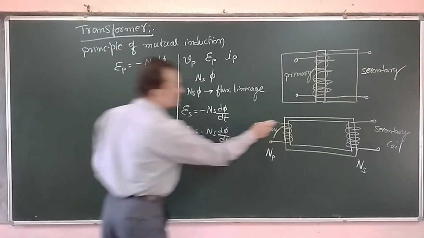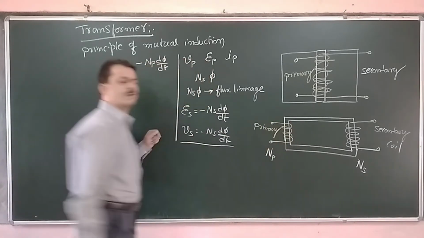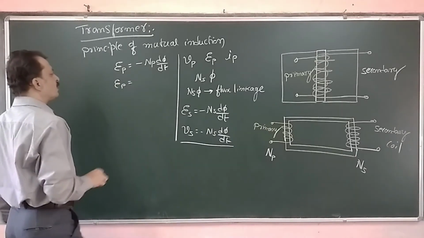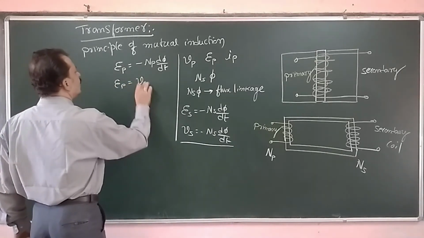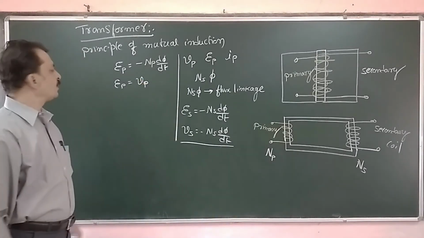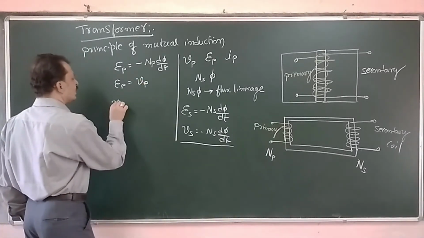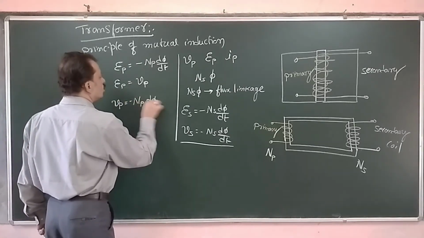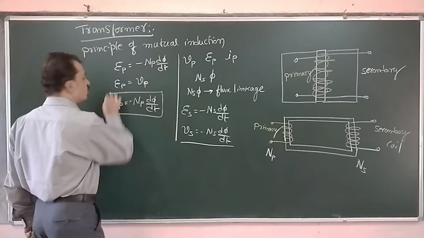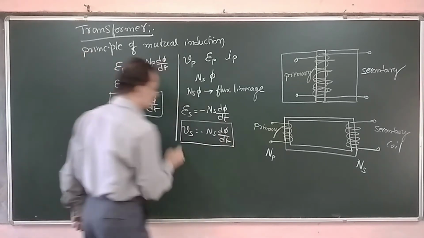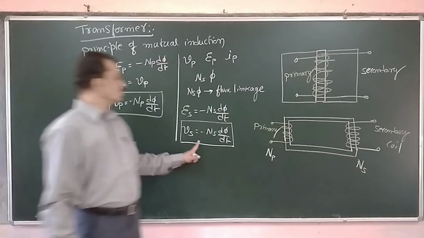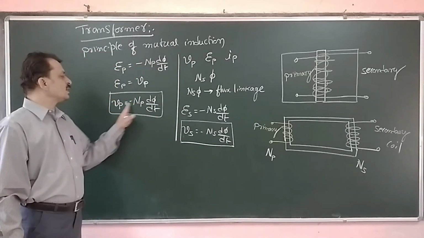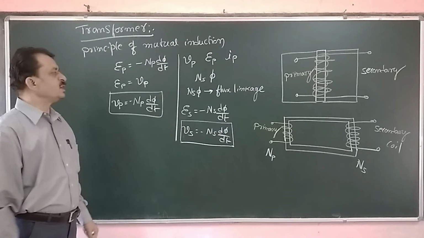Since the current flowing is very small and the resistance of the coil is very small, we can take the induced EMF in the primary to be equal to the voltage across the primary coil. So we get VP is equal to minus NP into d phi by dt. We are getting two expressions. VS is equal to minus NS into d phi by dt, and VP is equal to minus NP into d phi by dt.